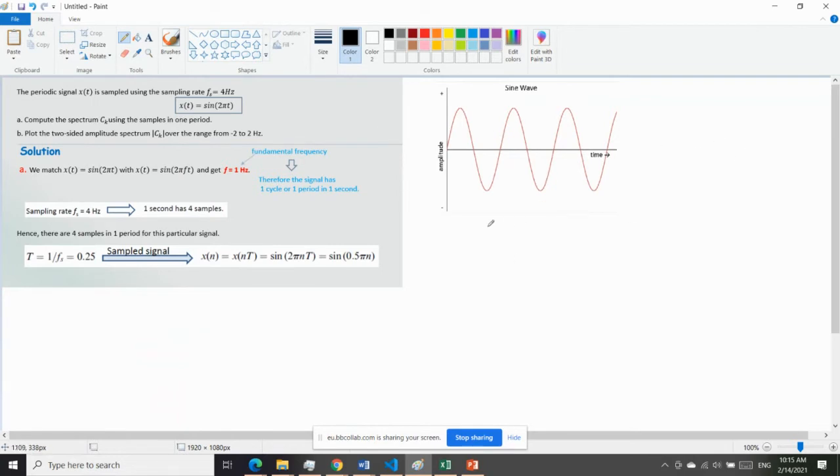To find the frequency we need to know, in 1 second, how many periods do we have? In 1 second, the value will be sine of 2 pi times 1, so it will be 0 again.